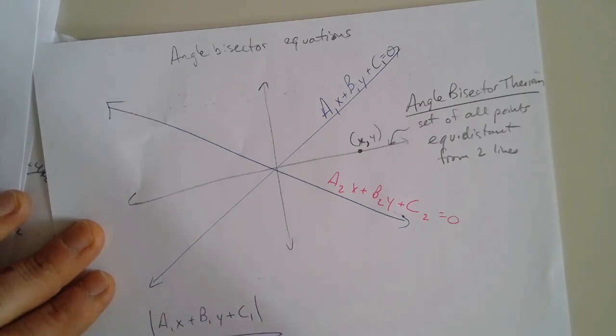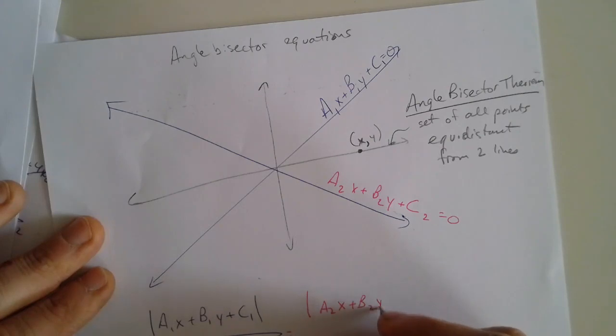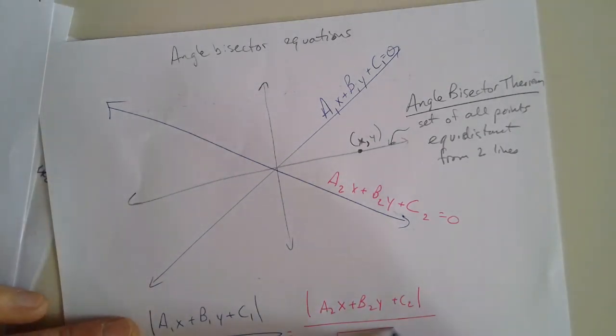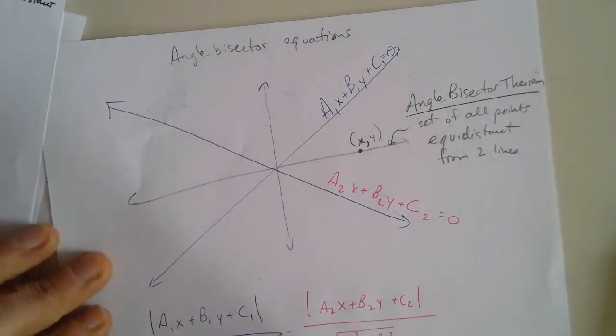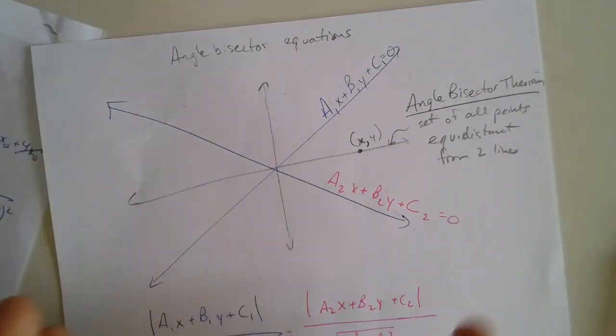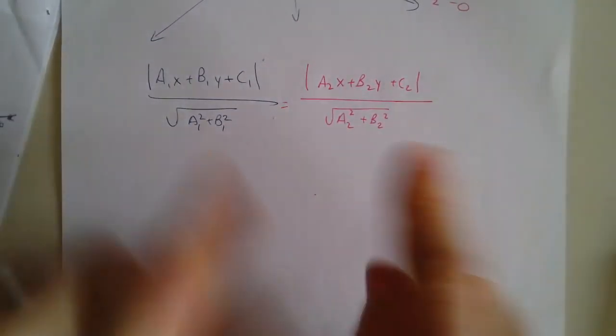And that has to be equal to the absolute value of A2x plus B2y plus C2, over the square root of A2 squared plus B2 squared. I forgot my subscripts there, so I'll go back and put those on. We need those two to be equal. Now you can see the equation. These are the two distance equations, and we know the distances have to be equal.